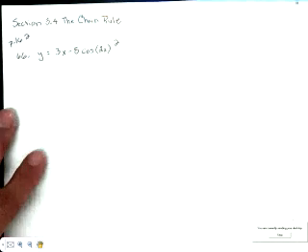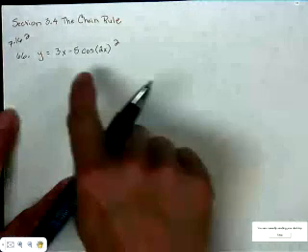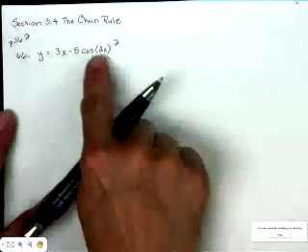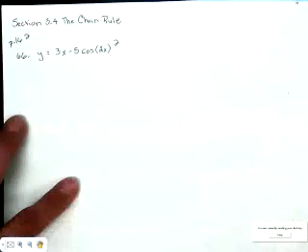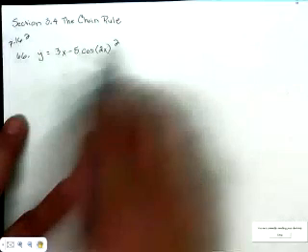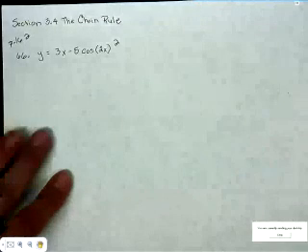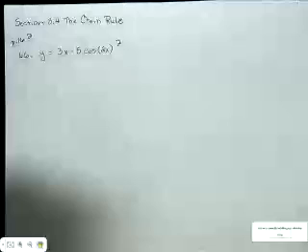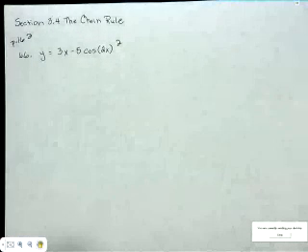If I leave that as it was originally given to me, then I don't just have cosine x, I have cosine ugly. And not only that, I have cosine ugly to a power. So I'm always going to ask myself, is there a simpler way that I could rewrite this to avoid using the power rule or quotient rule, product rule, anything that I can?